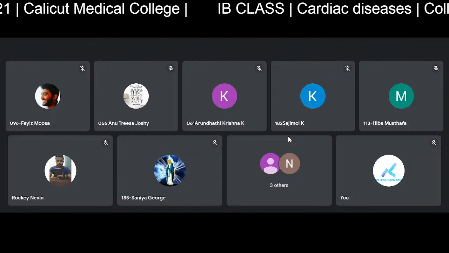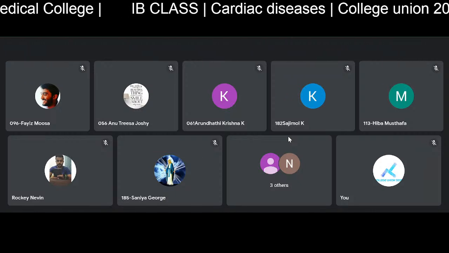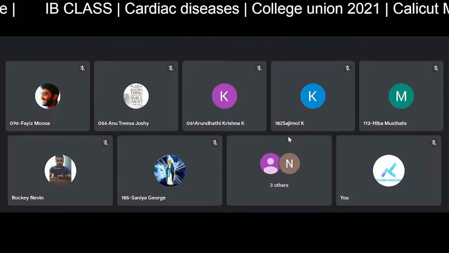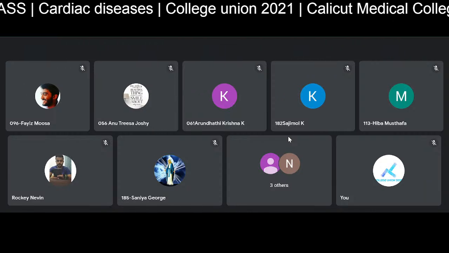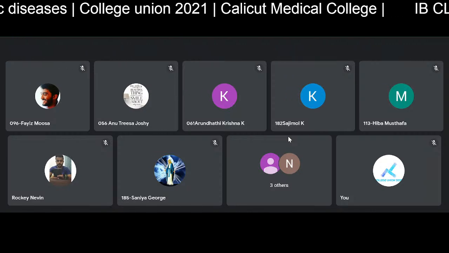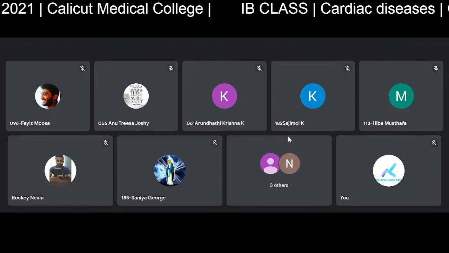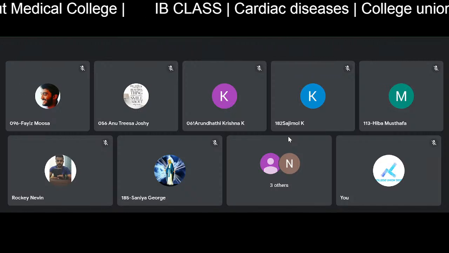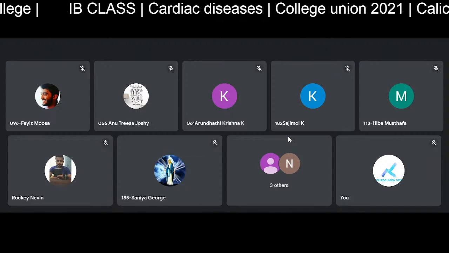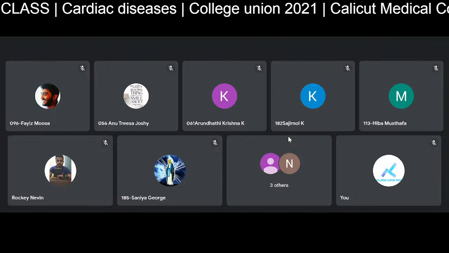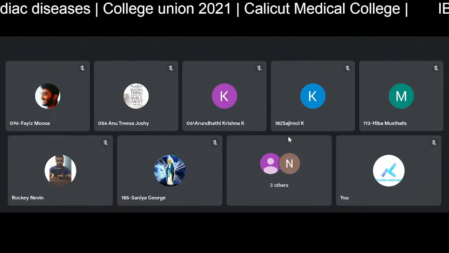In viral agents, you can see adenovirus, Coxsackie virus, herpes virus, HIV, numerous viruses. You might have studied the Chagas disease, which happens due to Trypanosoma cruzi. So this is a type of myocarditis. Among these infectious etiologies, the common ones are the viral agents.